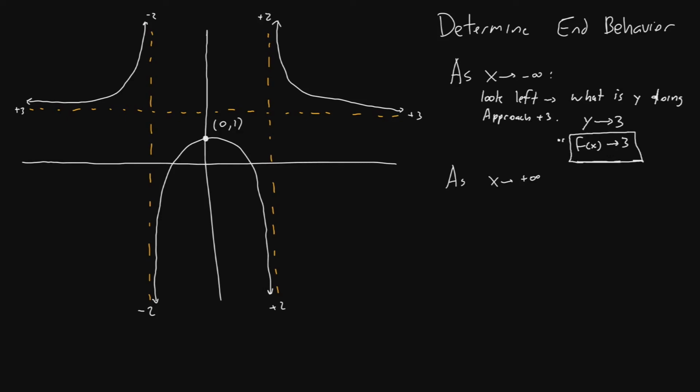Now, let's look at the other piece. As x goes to positive infinity, what happens? If you see x going to positive infinity, we need to look to the right side of the graph and see what's happening to y. So now, on the right side of the graph here, we see that this end of the graph is still going toward positive 3.